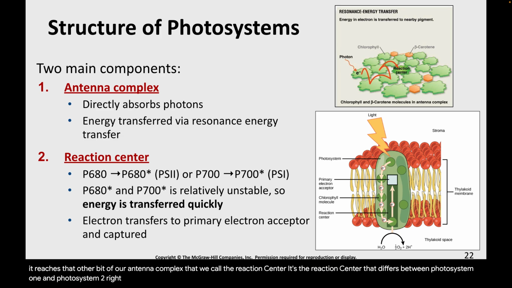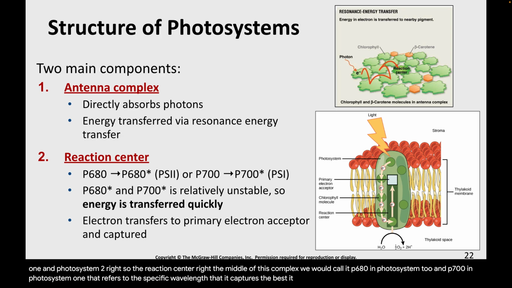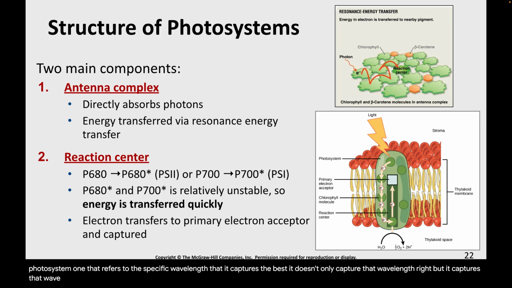So the reaction center, you can think of it as like the middle of this complex. We would call it P680 in photosystem 2 and P700 in photosystem 1. That refers to the specific wavelength that it captures the best. It doesn't only capture that wavelength, but it captures that wavelength the best. That is the only difference between these two photosystems.